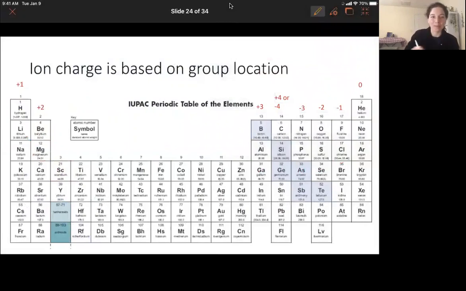Let's look at sodium. Let's go down here. It's in group 1. It has 1 electron in its valence shell because it's in that group 1. Inside of its previous shell, it's got 8. 1, 2, 3, 4, 5, 6, 7, 8. That comes from here.